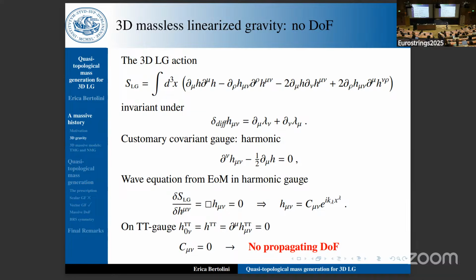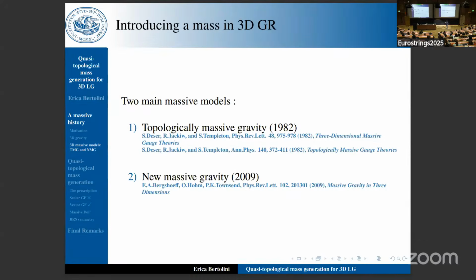However, further studying this in the TT gauge, one can see that this gives enough constraints to completely switch off, let's say, the gauge field. So this means that the theory has no propagating degrees of freedom in this case. But this will change when a massive term is introduced.